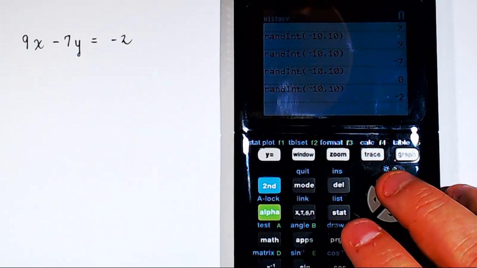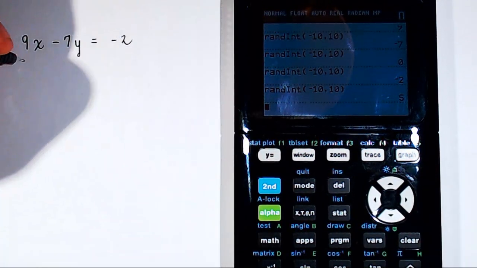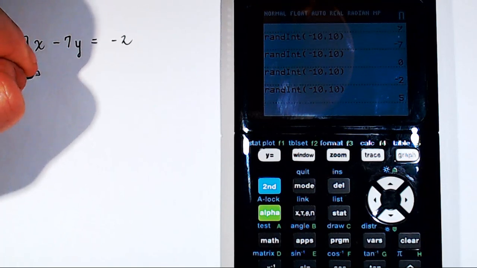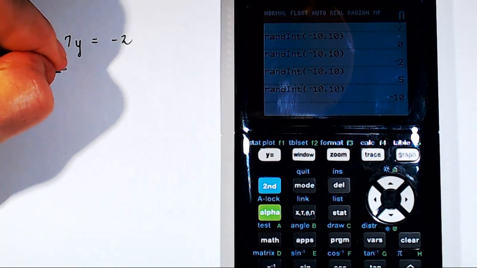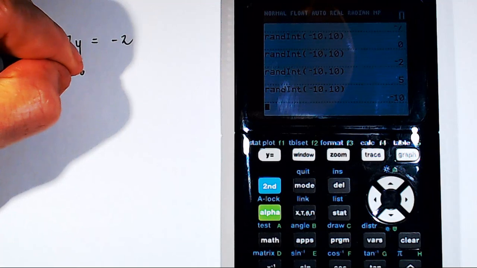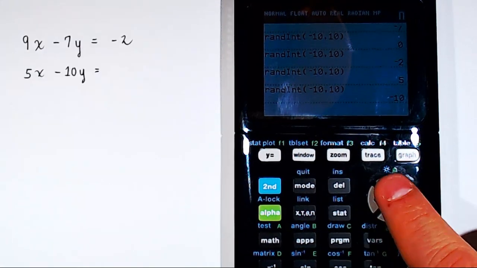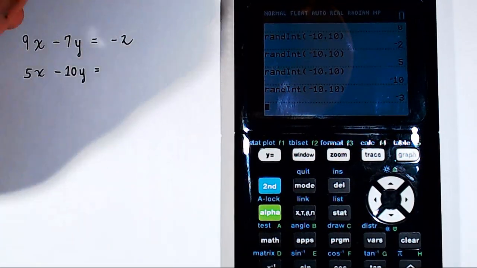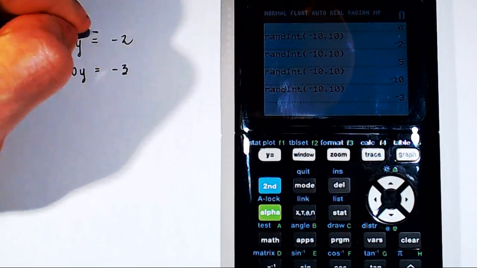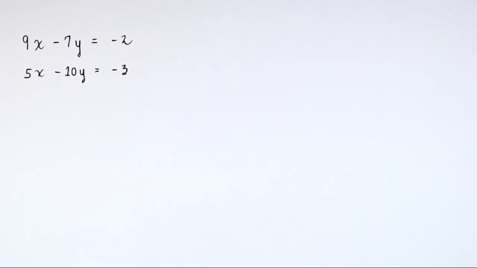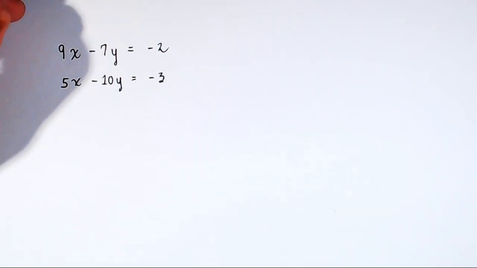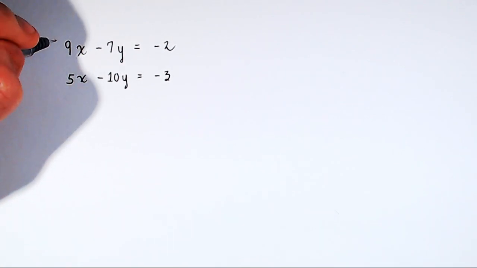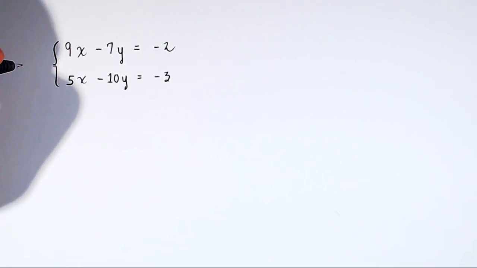And then we'll do this again. 5x minus 10y equals -3. Okay, so we'll solve this randomly generated system of equations and see how many solutions we get and what they are.